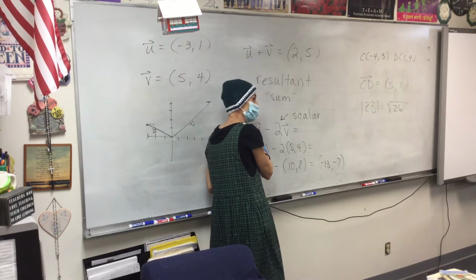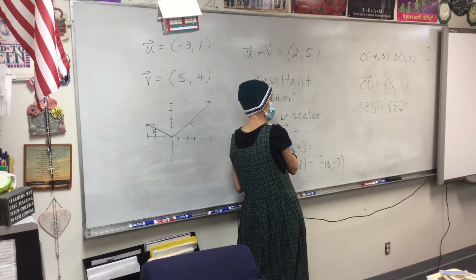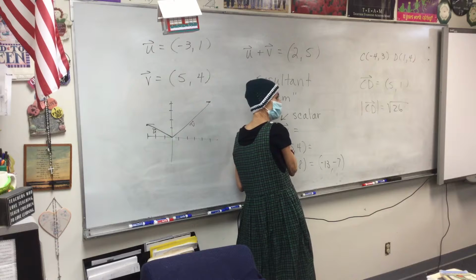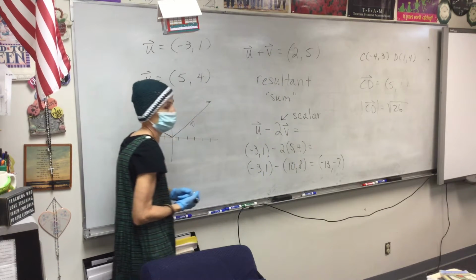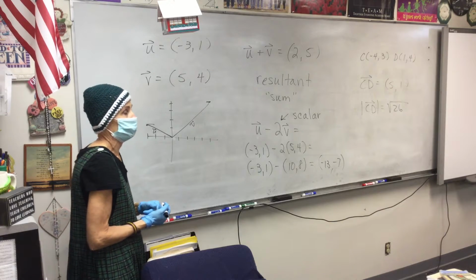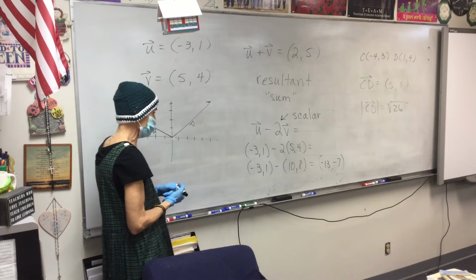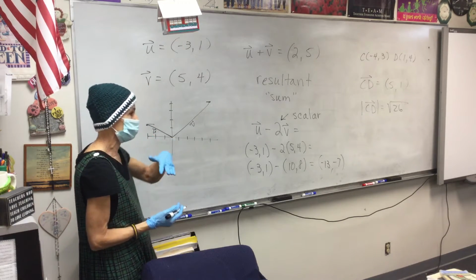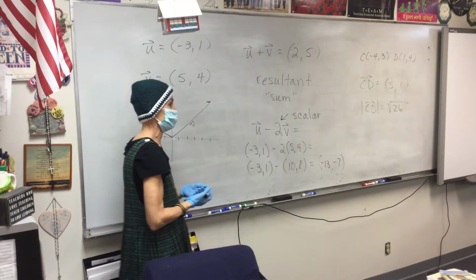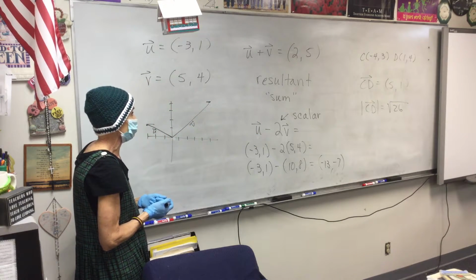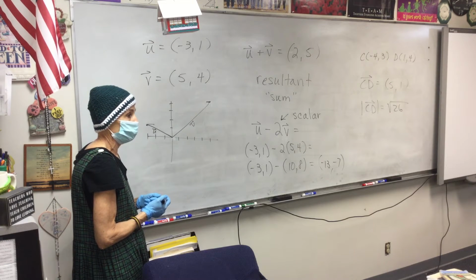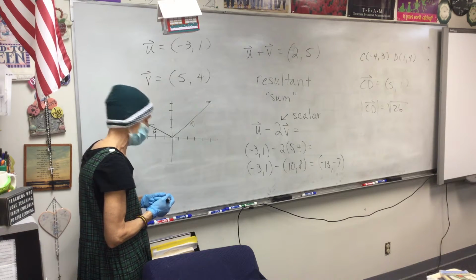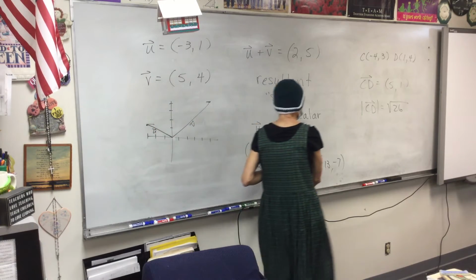U is a vector, V is a vector, but 2 is simply a real number. It's called a scalar. A lot of vocab today. Lucky for us, the language will carry over into matrices too. But yeah, this is new vocabulary. We got it? Okay. All right, let's try the next one.